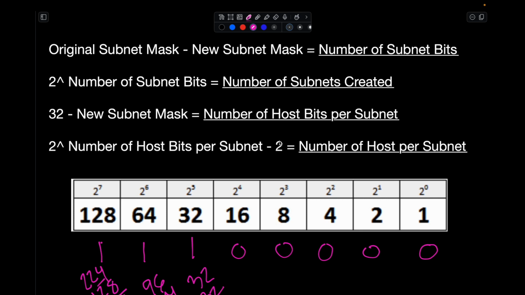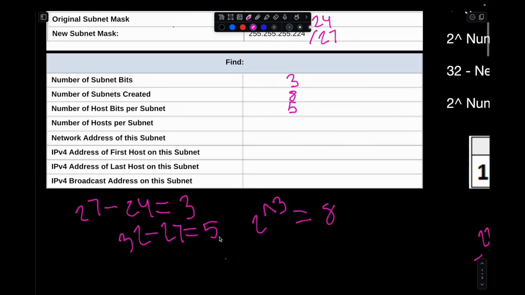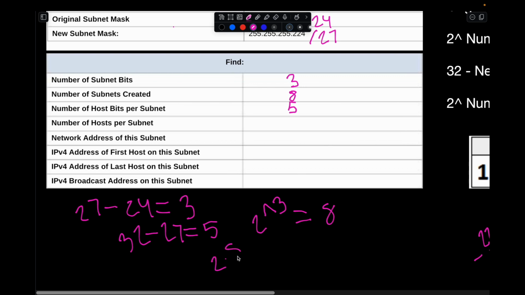Those 2 we can't use, which is why we use minus 2. So it's going to be 2 to the power of 5, which equals 32, and then 32 minus 2 is going to equal 30. So for this one, it's going to be 30.